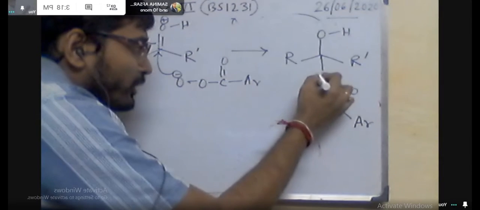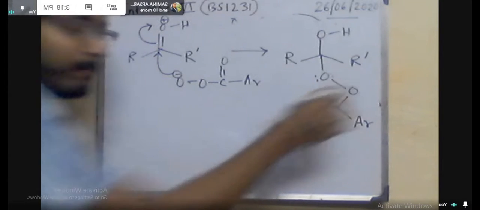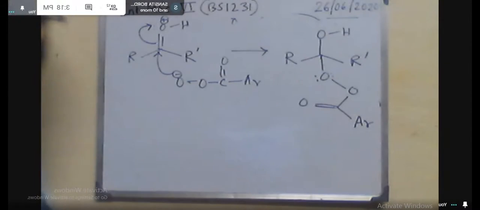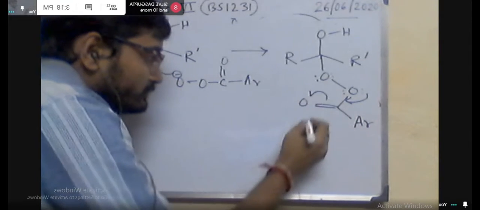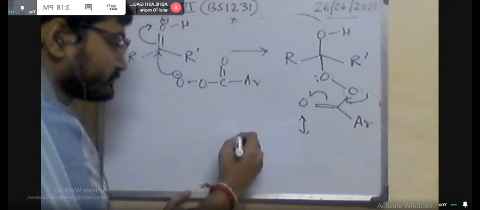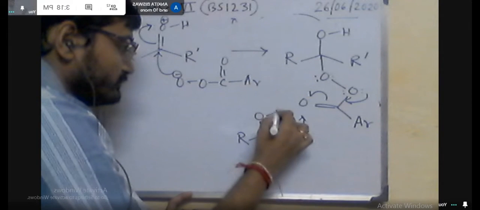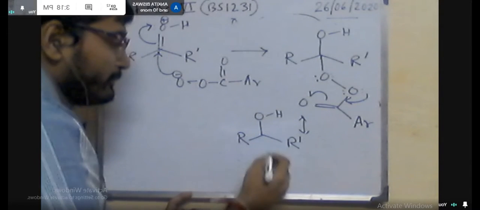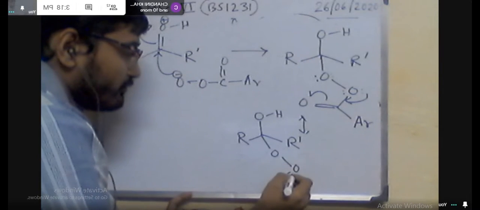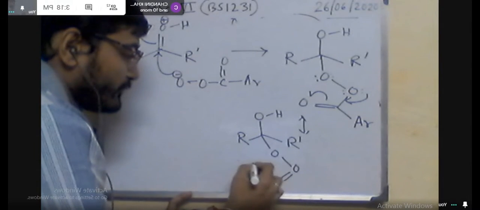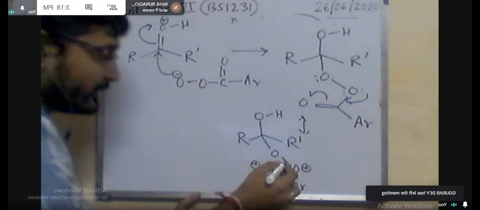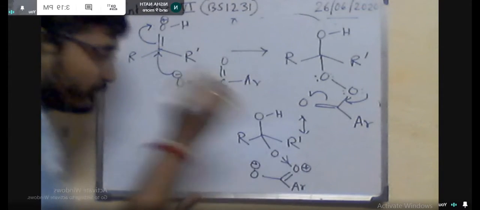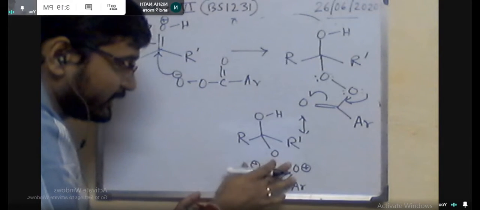How is it electrophilic? Say if I show the resonance here, we can write it this way: R prime minus Ar plus. So that means now it can abstract the bond electron towards itself. That means here you can see this bond can be easily broken. It can generate now the plus charge here. That means this oxygen is very much electrophilic in this reaction.